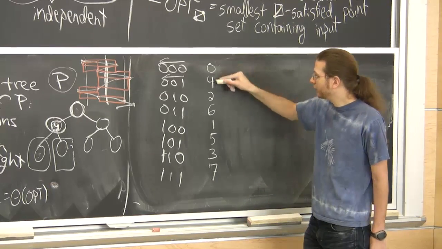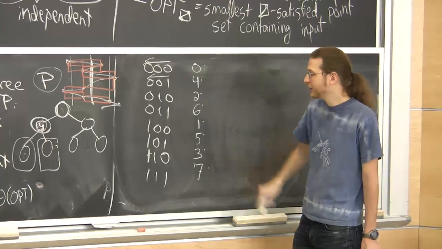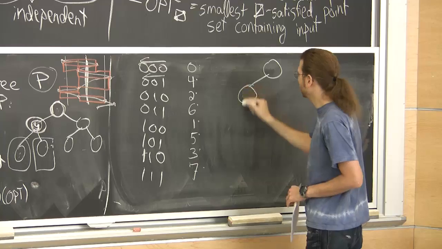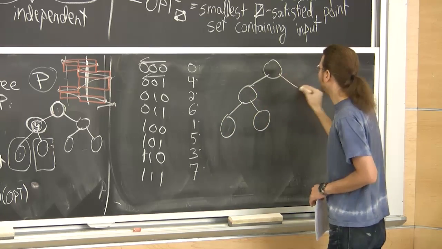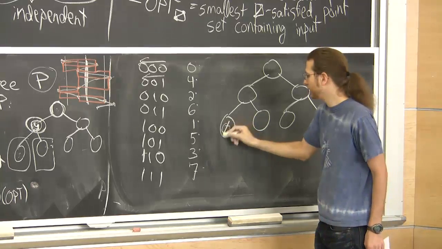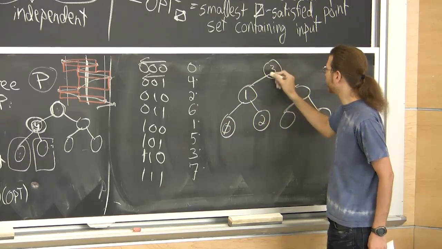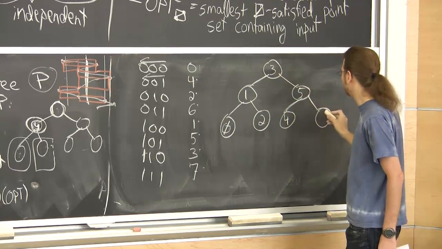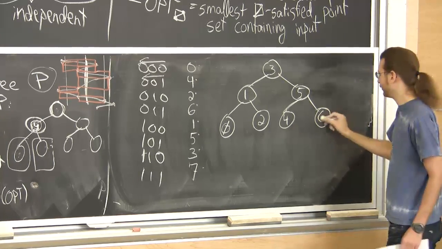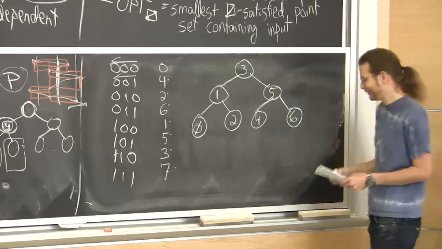If you access 0, 4, 2, 6, 1, 5, 3, 7 in a perfect binary tree, it maximizes Wilber 1. So in-order traversal, 0, 1, 2, 3, 4, 5. Whoops, no, 0, 6. All right, ignore 7. There's no 7 in this tree.